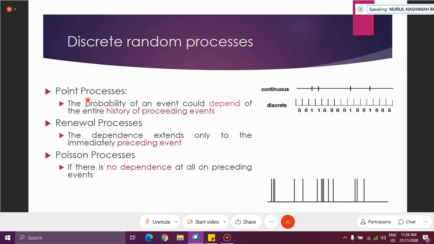A Poisson process is when there is no dependence on any preceding event. So no means independent.